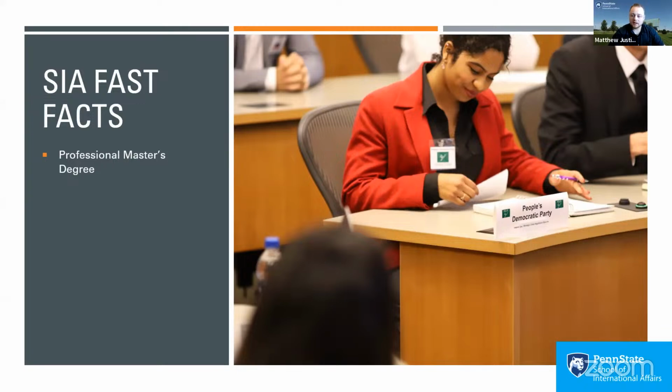To be super clear, we do help students go on to get PhDs after they leave our program, but the vast majority of our students are interested in getting a job once they graduate in international affairs, broadly speaking.